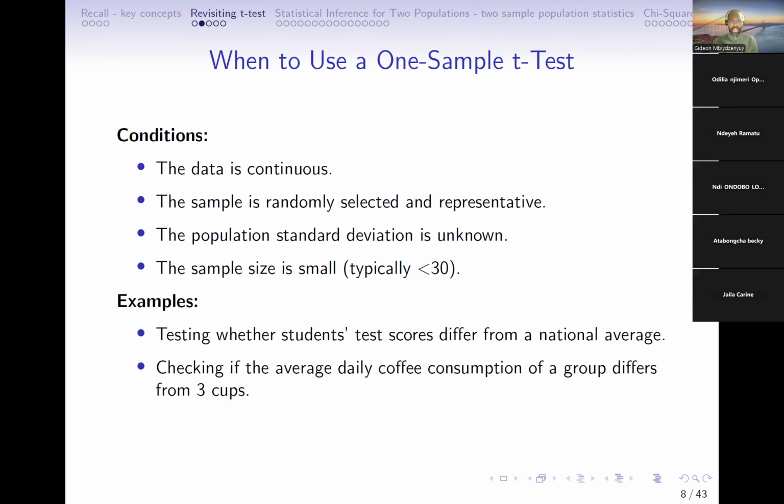Then I gave you some examples of where you can apply the t-test, besides the height example that I already mentioned in the previous slide. Whether students' test scores differ from a national average. Your specific value there is the national average. What you want to verify is whether that national average is applicable to your sample.